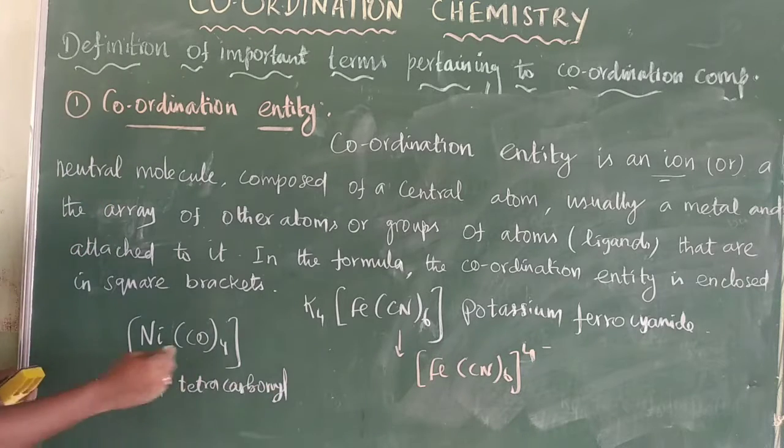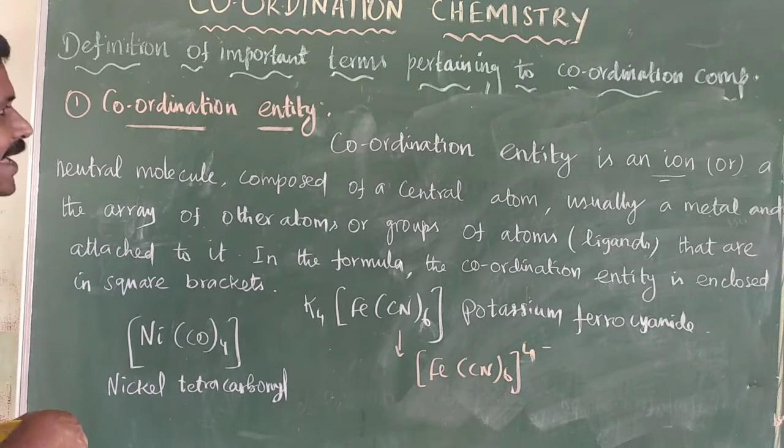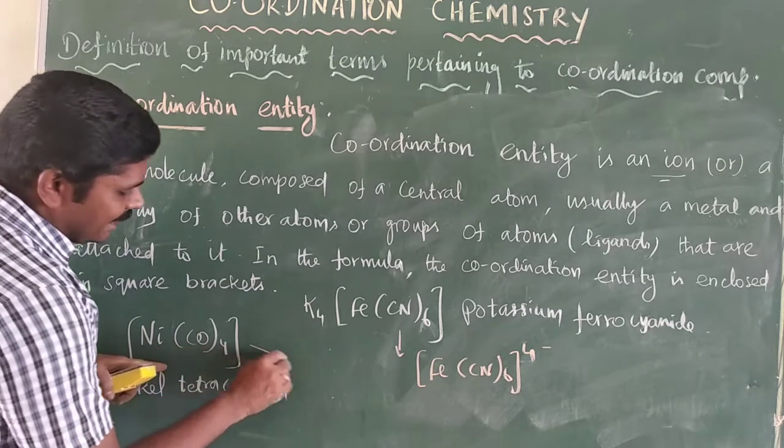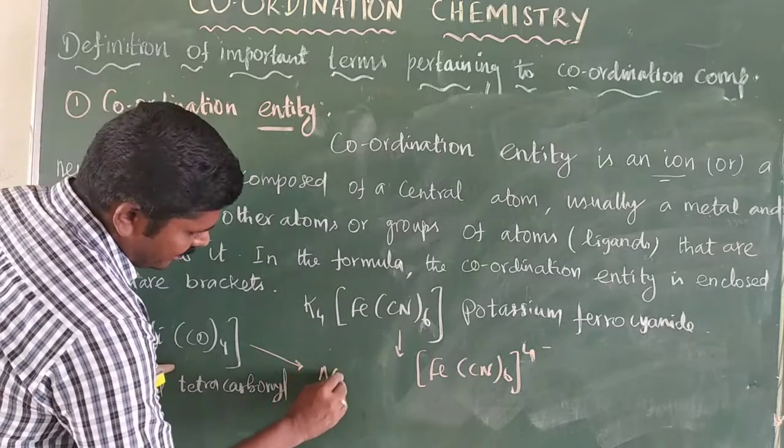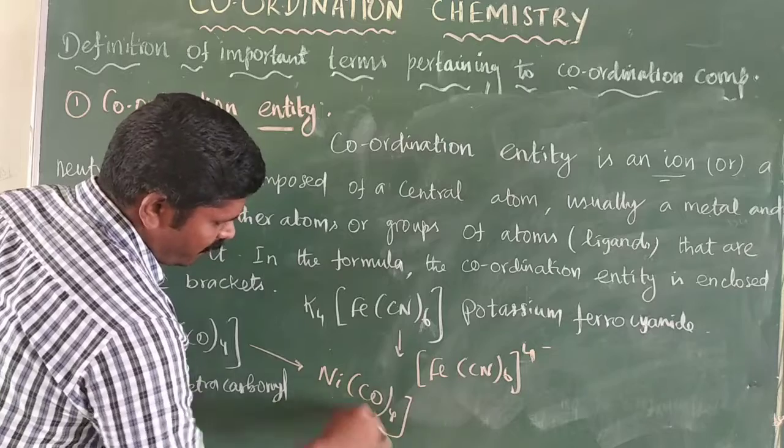The common name of the complex is nickel tetracarbonyl. Okay, so the coordination entity is Ni(CO)4.